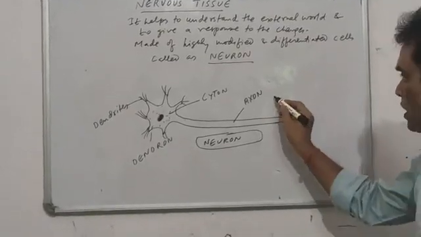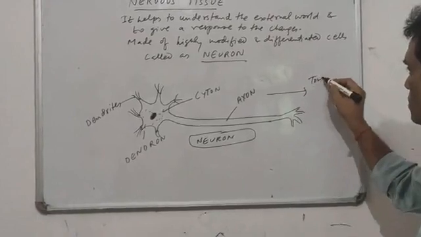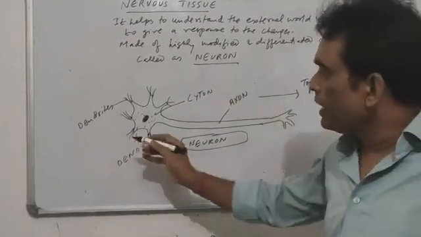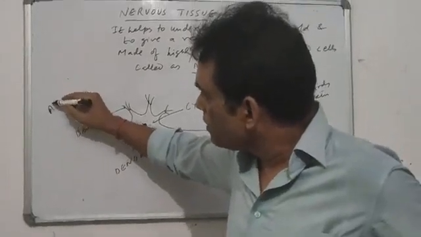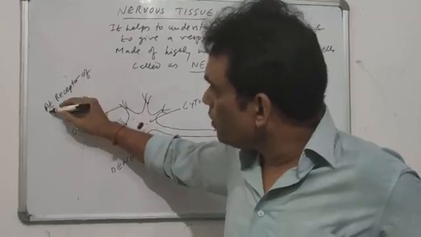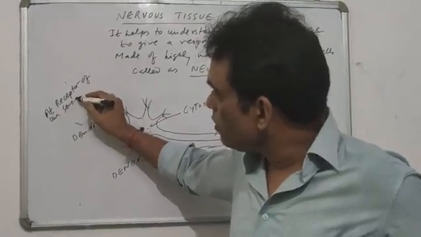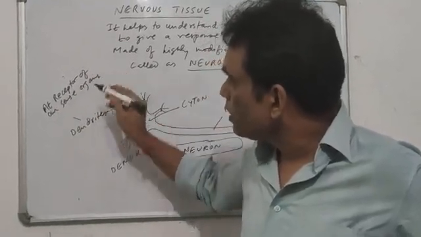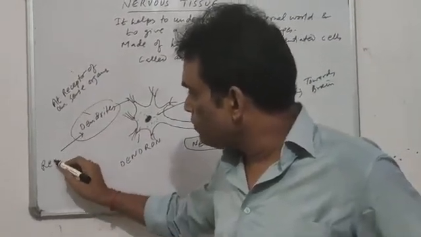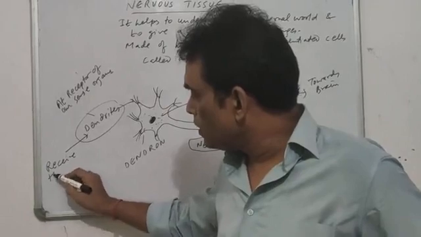So the axon runs towards the brain, and the dendrites are present at the receptors of our sense organs. So the dendrites receive the information.